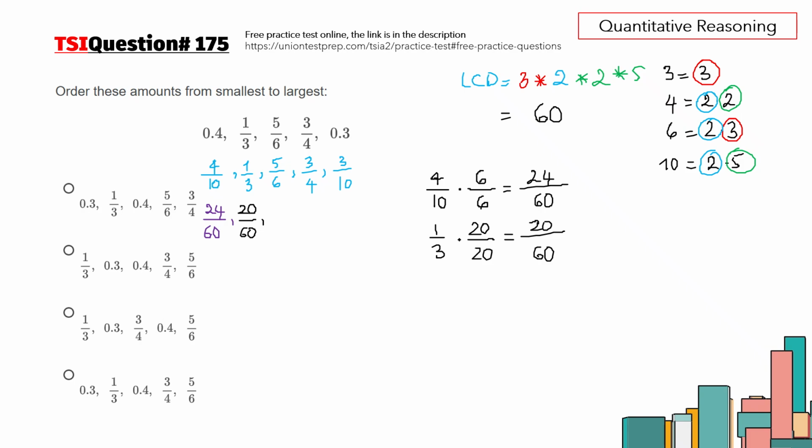The next one is 5 over 6. We want to convert it into something over 60. We need to multiply top and bottom by 10, so we have 50 out of 60.